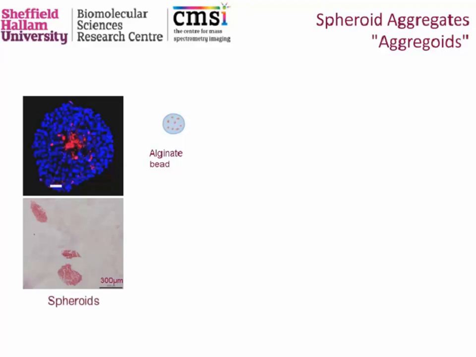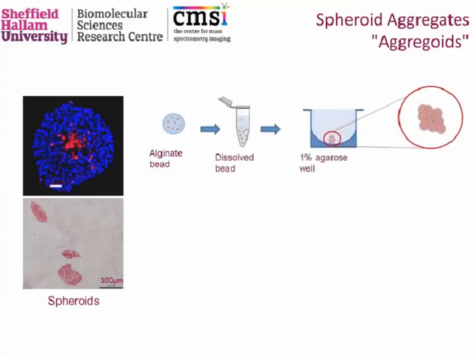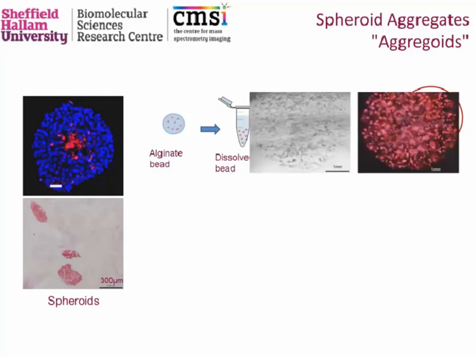So what we've been doing is dissolving the alginate beads and then letting the actual spheroids aggregate together to form a larger structure. You'll see the small collection of spheroids in the alginate bead in the inset box here.